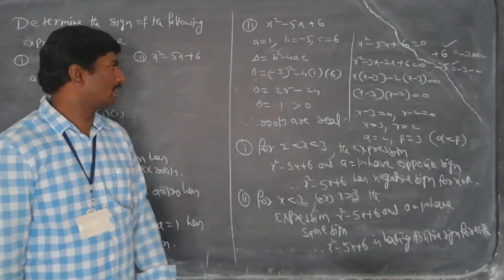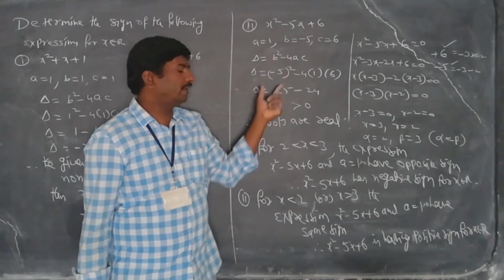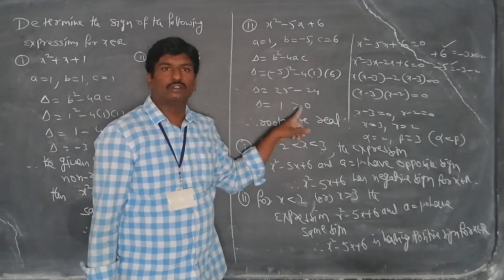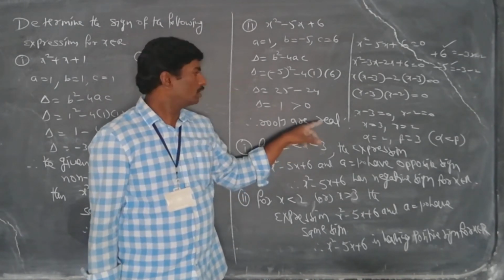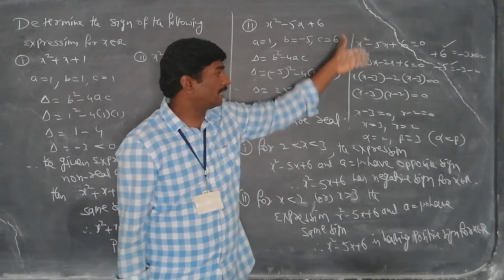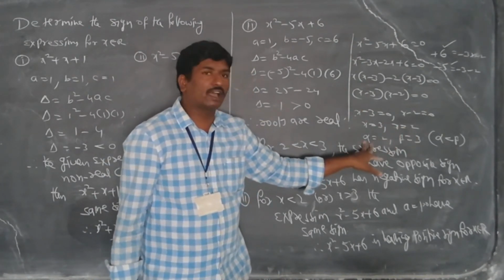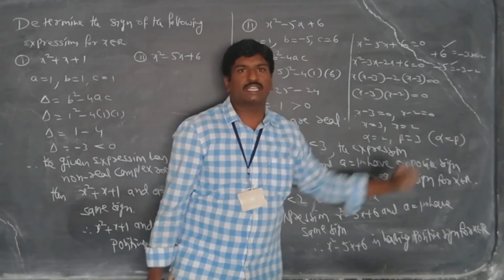This is the second condition. So in this problem, first what do we need? First we find the discriminant. So by this we declare delta is greater than 0. When delta is greater than 0, what can you say? The roots are real, right? So what are the real roots? By factorization I am finding the real roots 2 and 3. Here I am taking alpha is equal to 2, beta is equal to 3, and it satisfies the first condition, alpha less than beta.